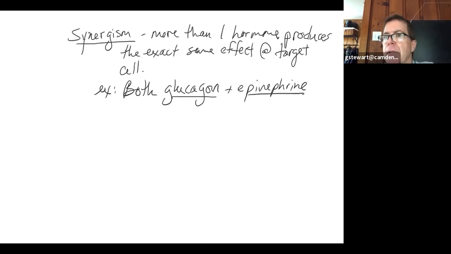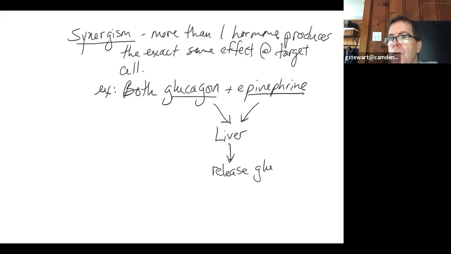Both of these act on the liver and have the exact same effect. Causes the liver to metabolize glycogen, stored glucose, and release glucose into the blood. So there's a classic example of synergism.